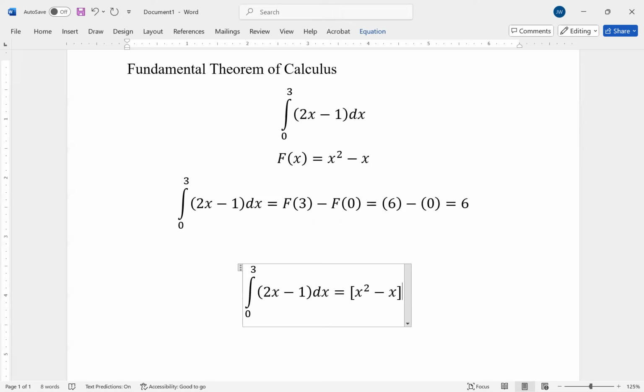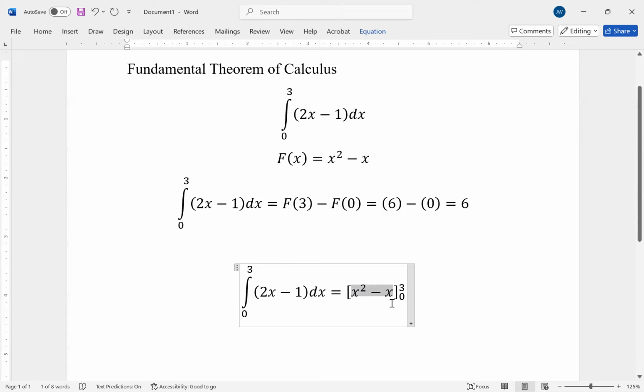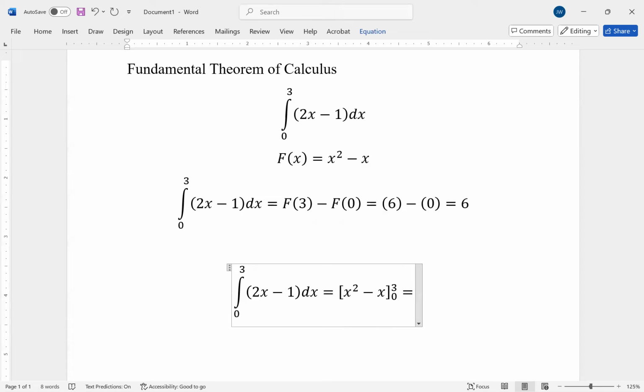To indicate that I need to plug in 0 and 3, oftentimes what will happen is we write the antiderivative in a bracket and we'll put the 0 and 3 kind of as subscripts and superscripts of that bracket to remind us that we need to plug in 3 and we need to plug in 0.